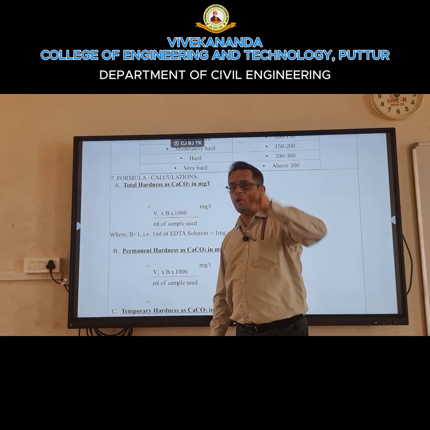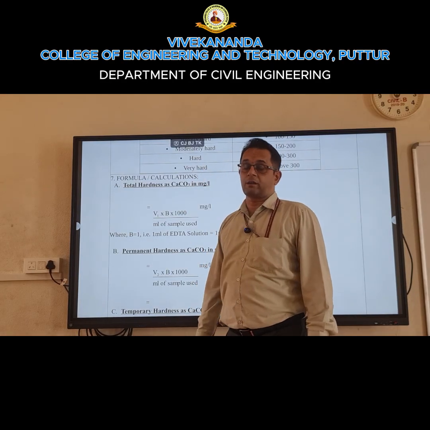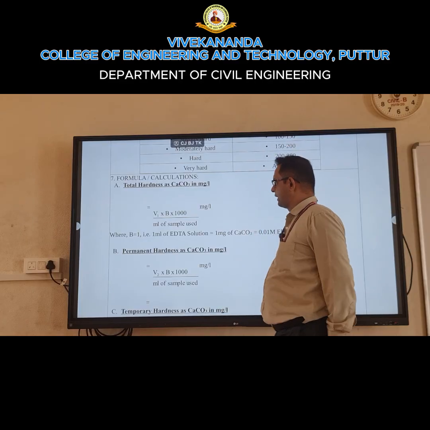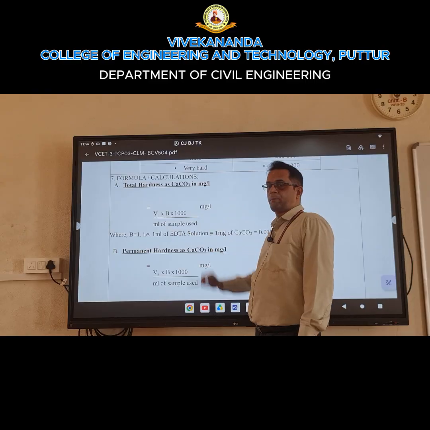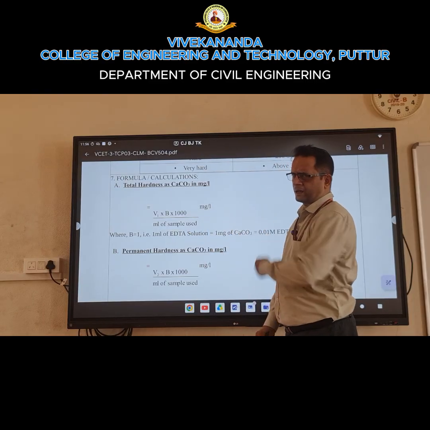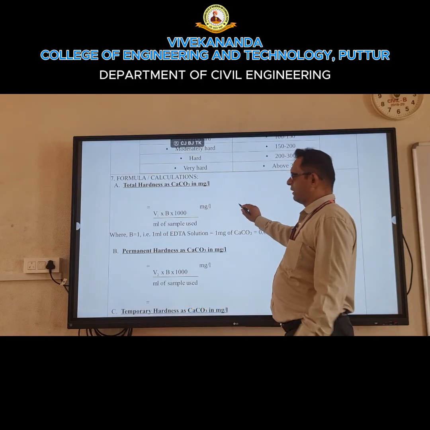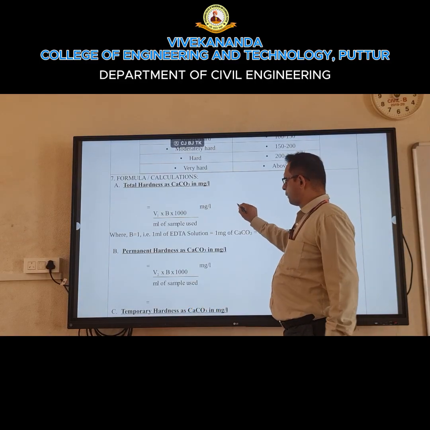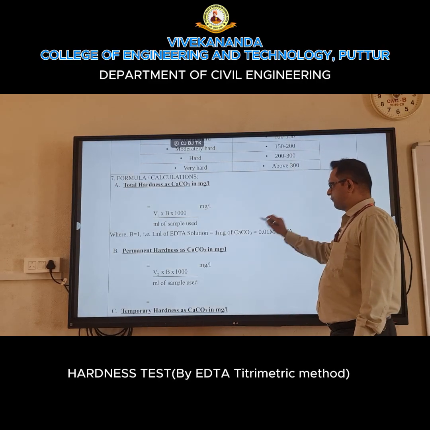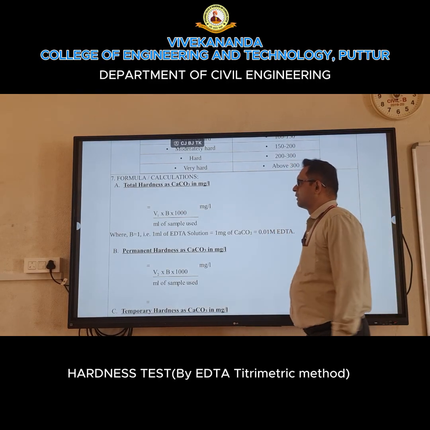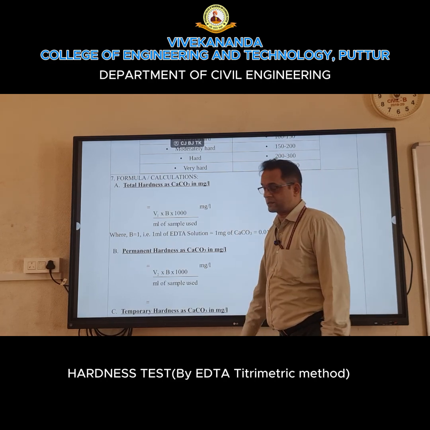V1 is whatever I have got in the tabular column, the average of the titration reading, into 1000 divided by ml of sample, because here I have taken 25 ml of sample, that is 25. So for example, average value 2.3 I got, 2.3 into 1 into 1000 divided by 25, that much milligram per liter of CaCO3, that is the total hardness.